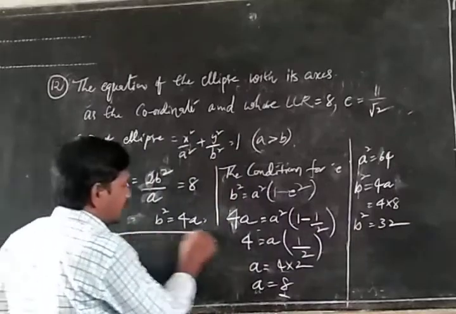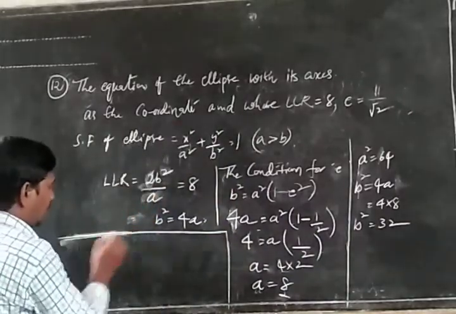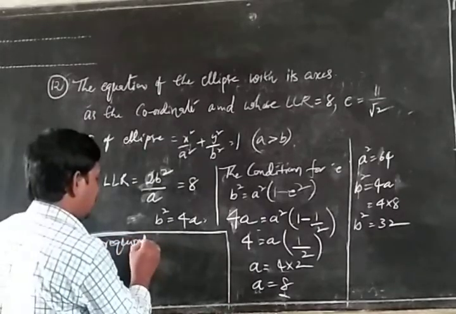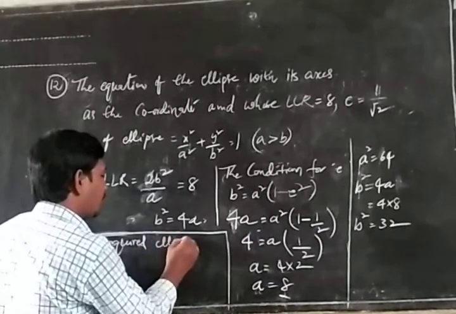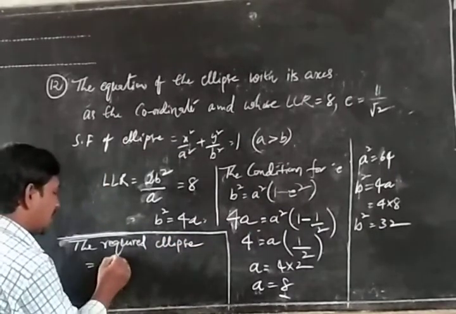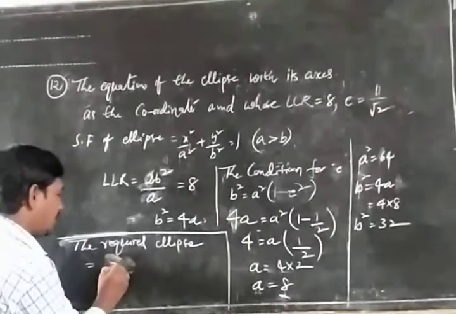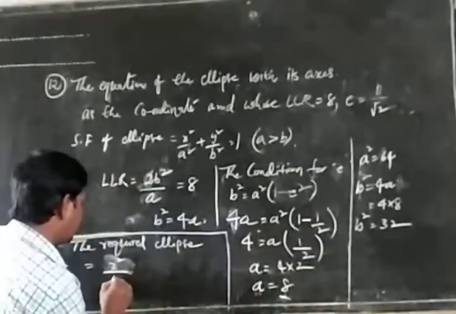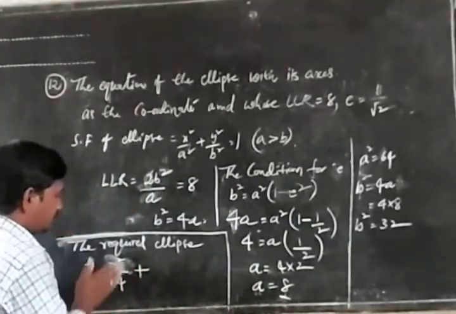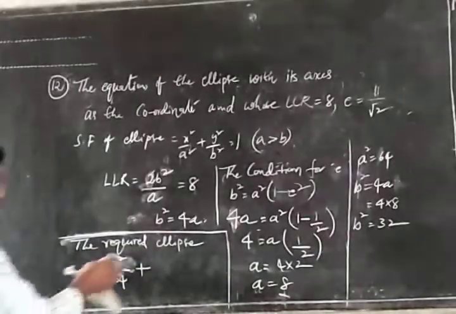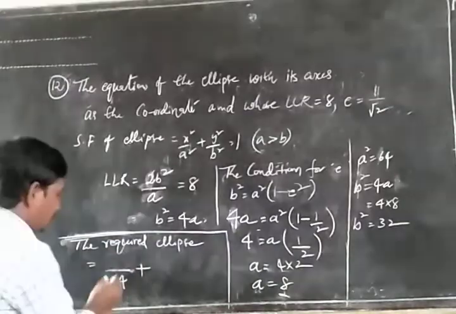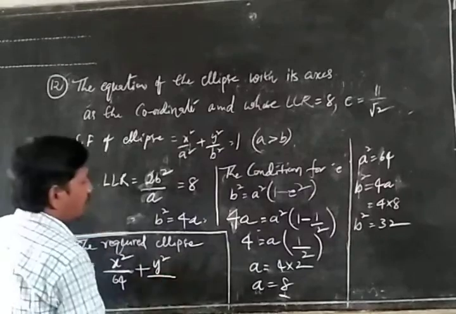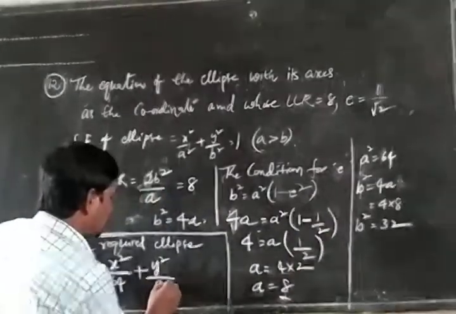So the required ellipse equation is x square by a square, which is 64, plus y square by b square, which is 32, equal to 1.